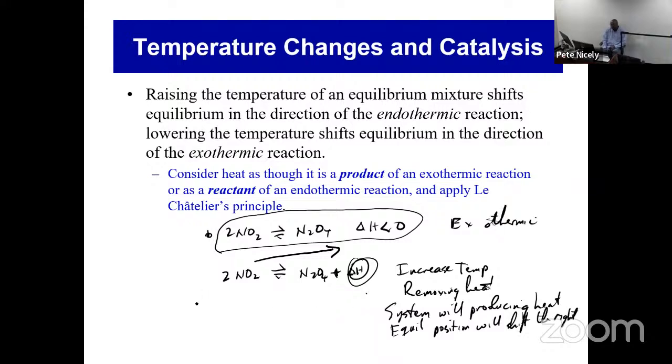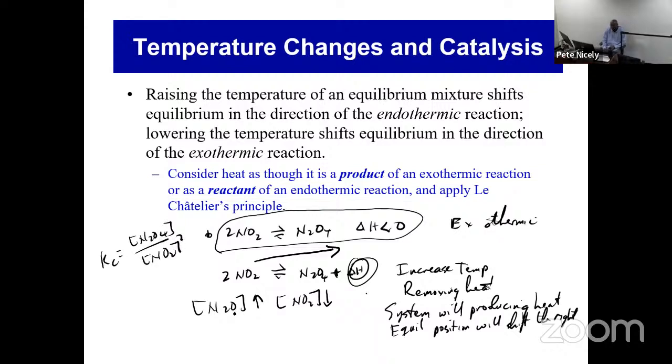And what does that mean? That means that the concentration of N2O4 will increase and the concentration of NO2 will decrease. So what does that mean about Kc? What do you think is going to happen to Kc? Let me write down the Kc expression. Kc is equal to the concentration of N2O4 divided by the concentration of NO2 squared.